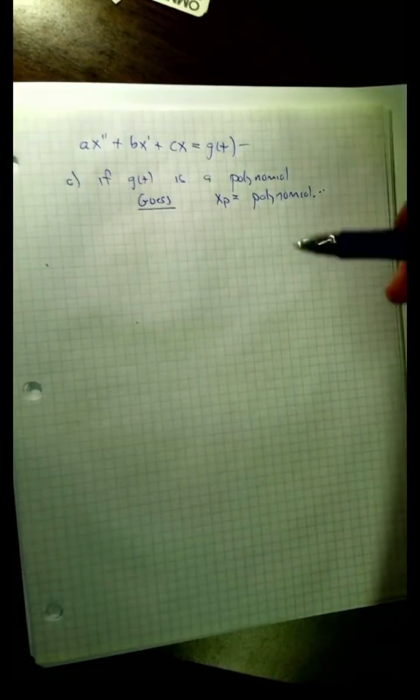Then you're going to plug it back into the equation and see if you can then figure out what's going on. The other thing here is that, keep in mind, if I have two polynomials and they're equal, suppose I say two polynomials of degree 4 are equal.